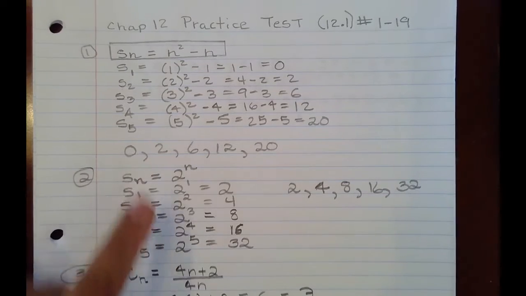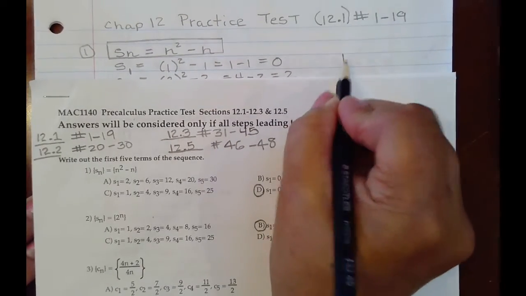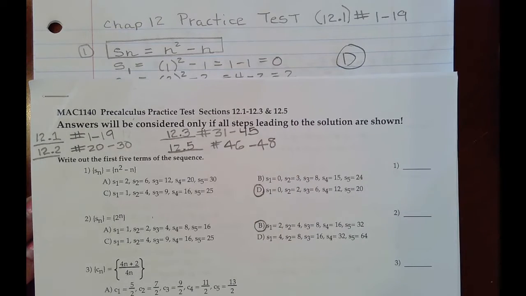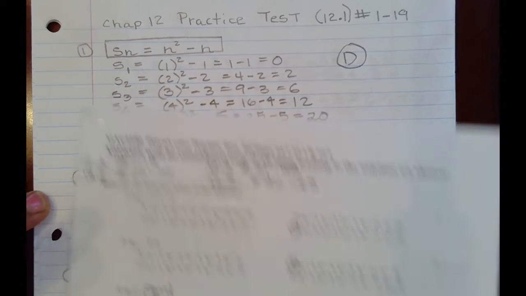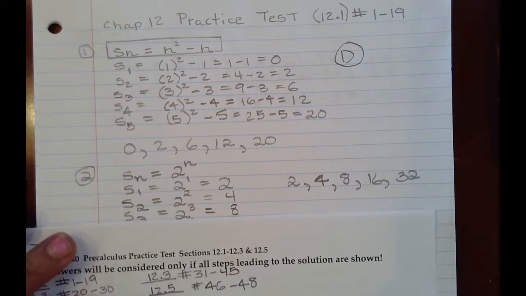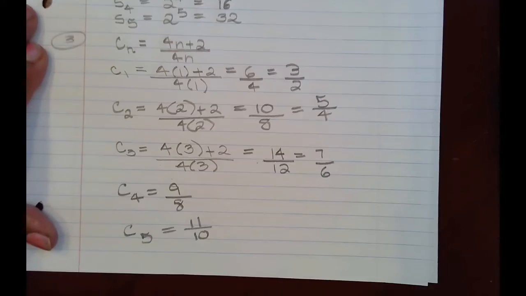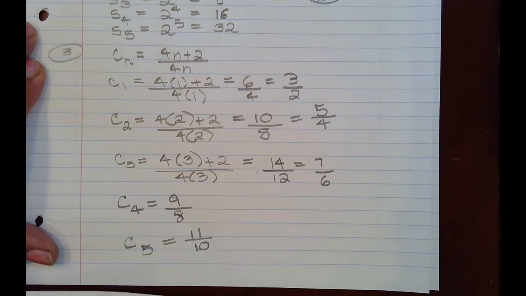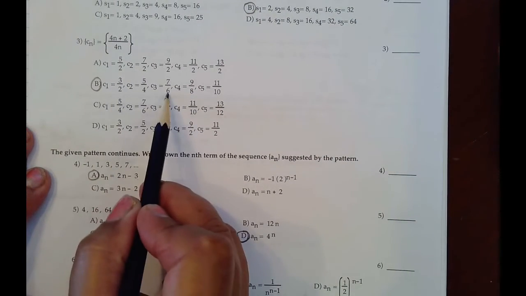So this particular answer, 0, 2, 6, 4, 12, and 20, that was choice D. For number 2, where we were getting 2, 4, 8, 16, and 32, that was choice B. For number 3, where we did these fractions and then finished it off by observing the pattern, so 3 halves, 5 fourths, 7 sixths, and these were the ones that we got by pattern, that was choice B.